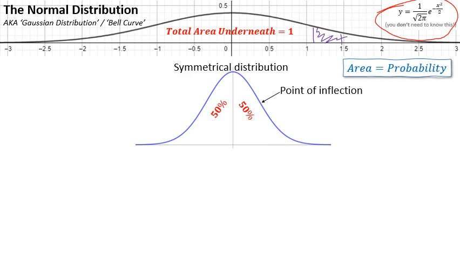There is also a point of inflection. This, mathematically speaking, point of inflection refers to the moment when the curve stops getting steeper and starts getting less steep, or maybe stops getting less steep and starts getting more steep.